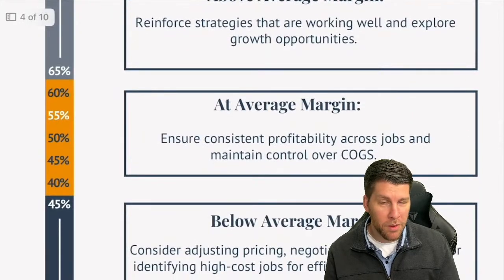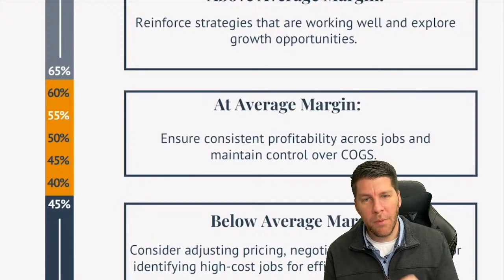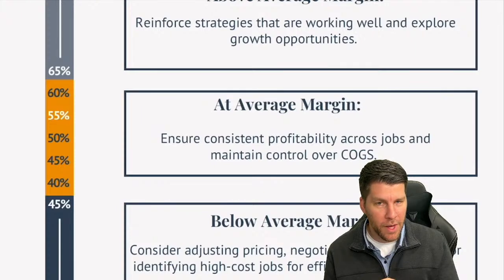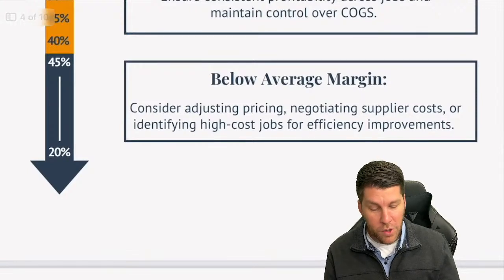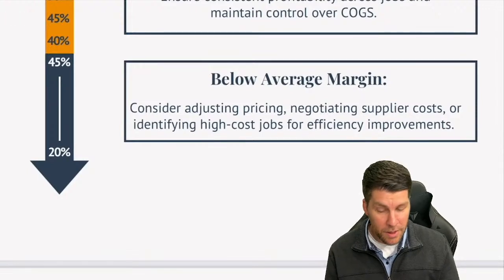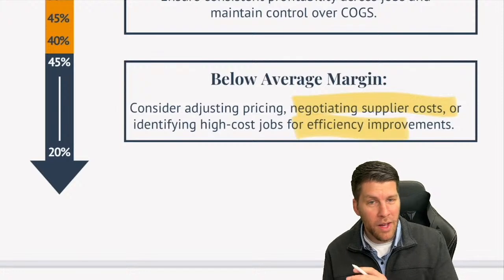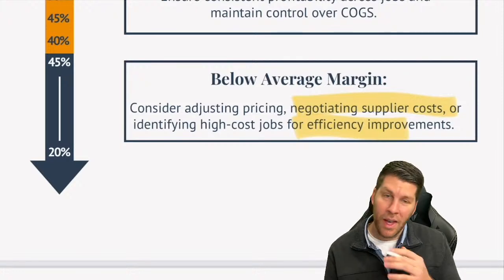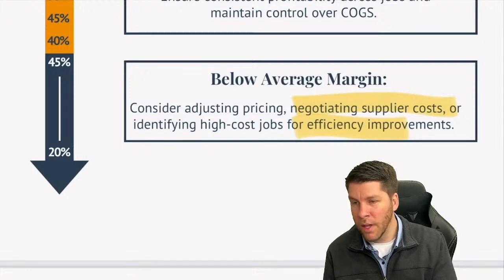If you're within the benchmarks, that's good. What I would have for myself is simply what is my normal, and then based on my normal, go up or down from there, or know if I need to adjust or address it. If you're below the margins, this is where you can do some adjusting. You might have supplier negotiations to do. You might also need to consider ways to add efficiency to your team, and in a worst case scenario, potentially reduce the size of your team doing the work.